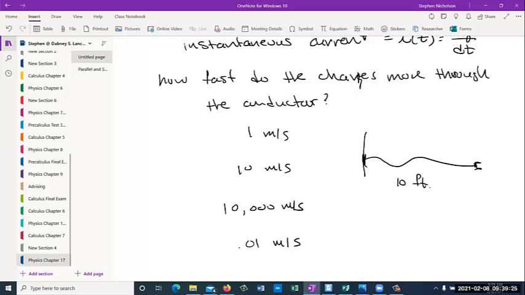So there's your charger, and there's your computer screen. You attach the cord to your computer, and you say, how long does it take electrons to move from here to there? How quickly? So 10,000, yeah.